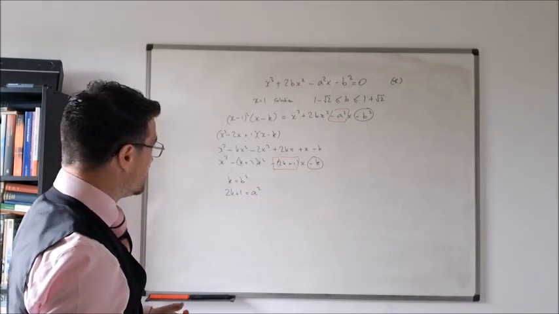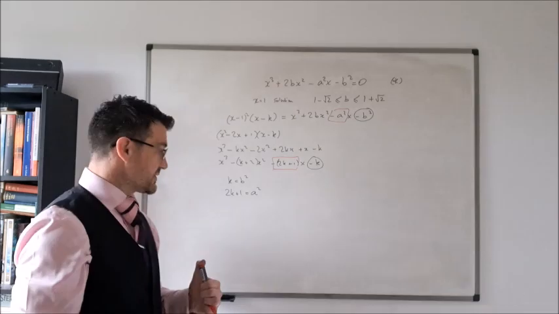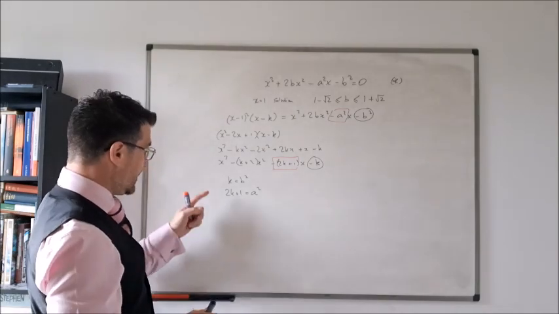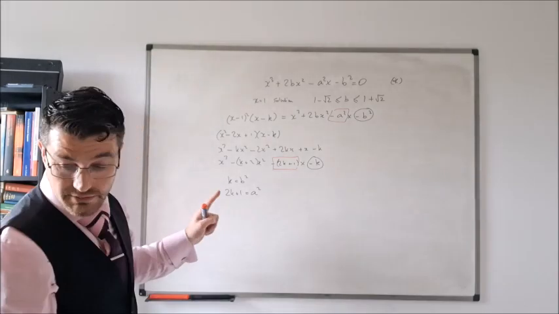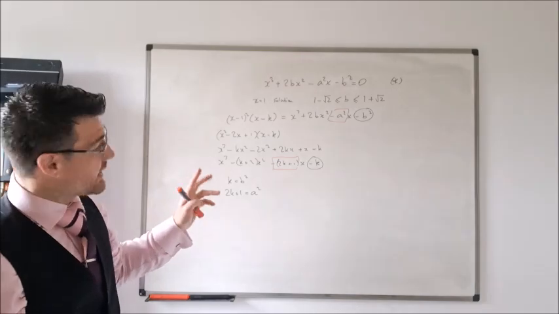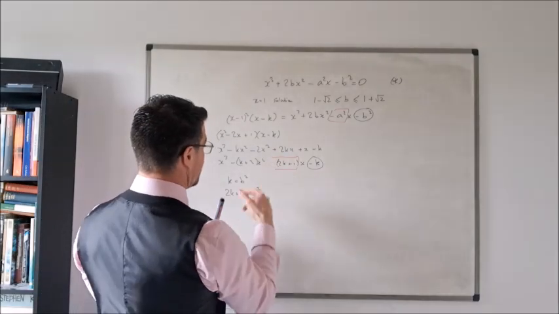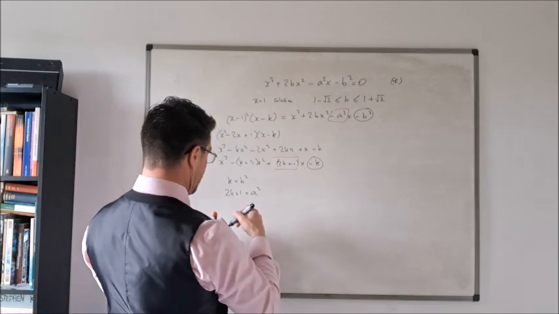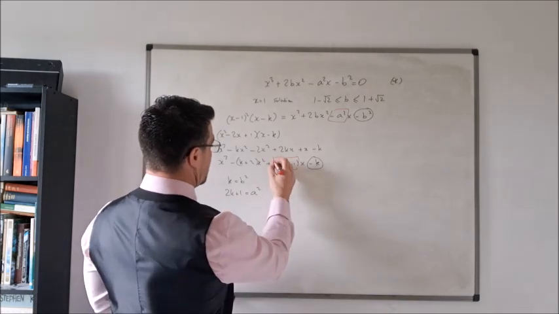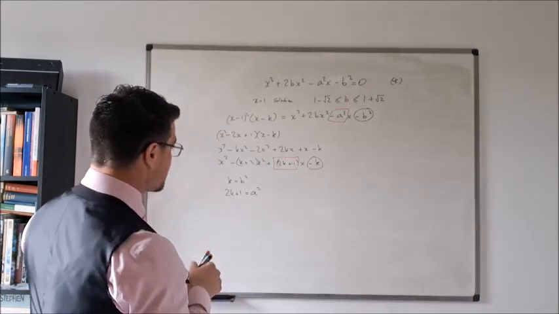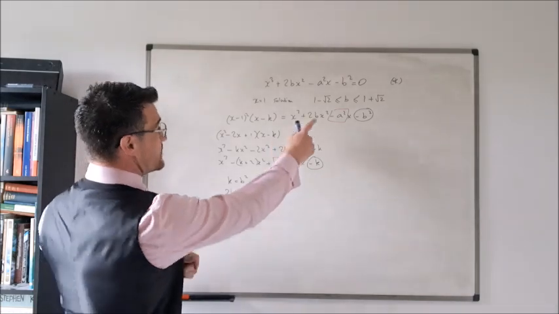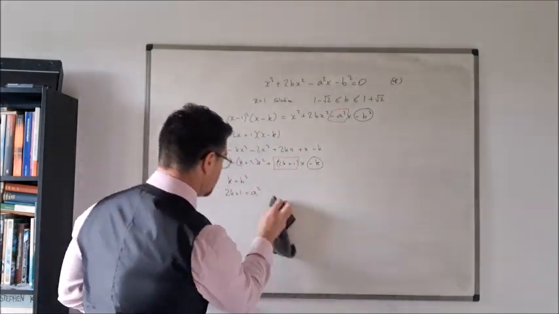Now, straight away, we can see that there's a problem here. Or can we? Sorry, that's plus, isn't it? It's covered up with my red pen. So it's minus: 2k plus 1 equals minus a squared.